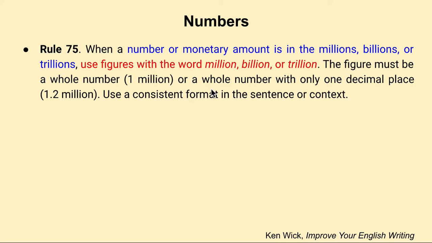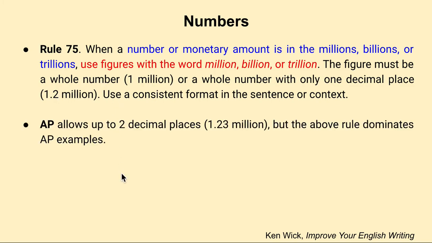So this is basically about writing large numbers. When you have large numbers in the millions, billions, or trillions, instead of writing it all out like 1,000,000, you can just write 1 million, the figure 1 and the word million. And you're allowed to do this with one whole number or a whole number and one decimal place.